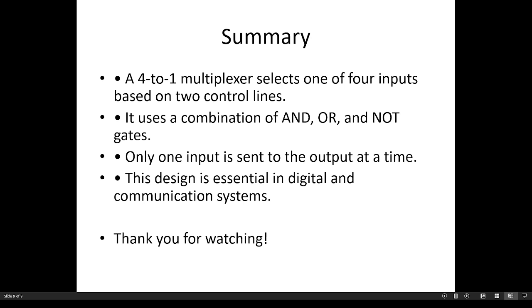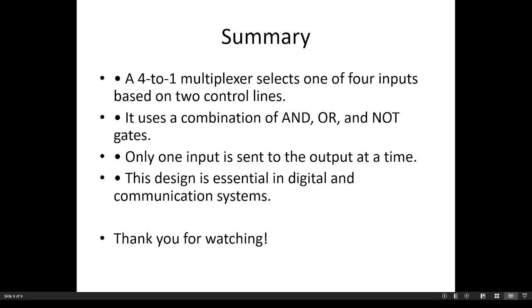To summarize this presentation, we first spoke about the 4-to-1 multiplexer, which selects one of four inputs, not outputs, inputs, based on two control lines.